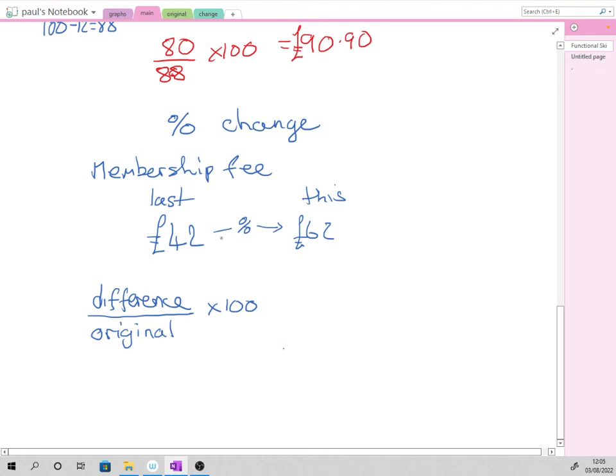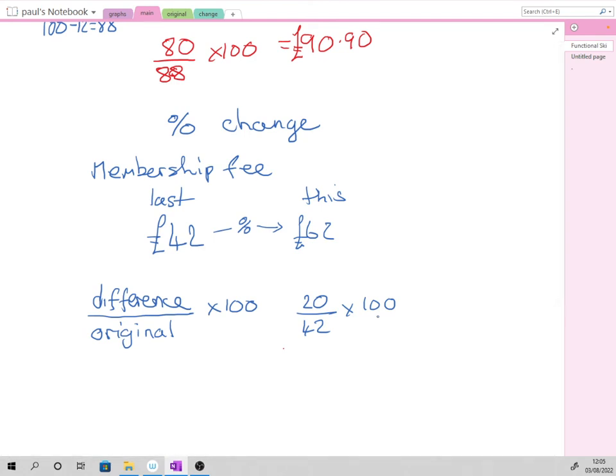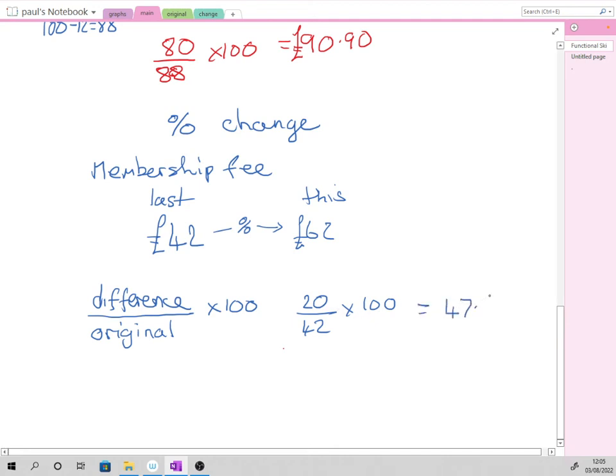So the difference between these two numbers is 20, divided by 42, times 100, and you'll get 47.6. Oh, not pounds, percent. Yeah, so it's gone up 47.6%.